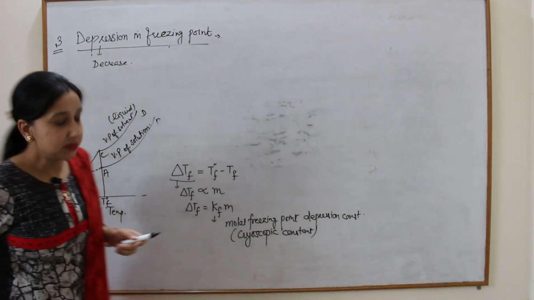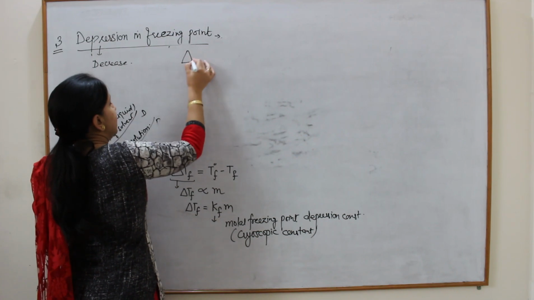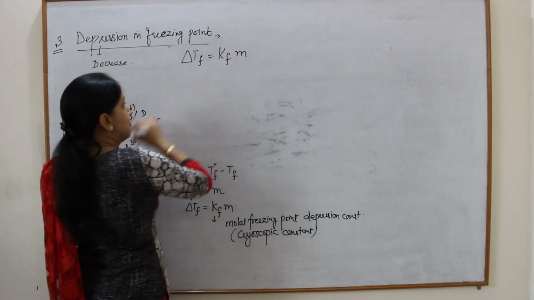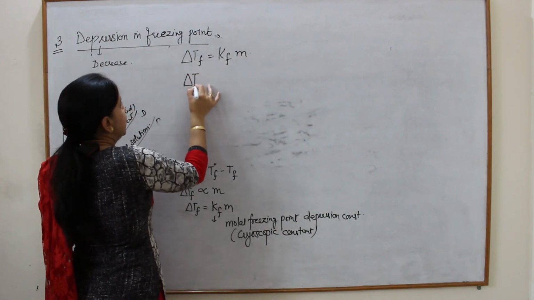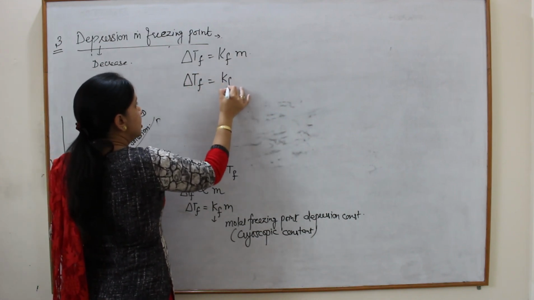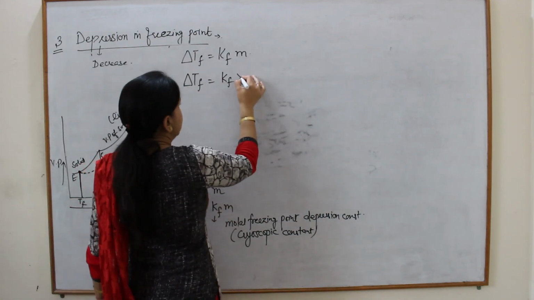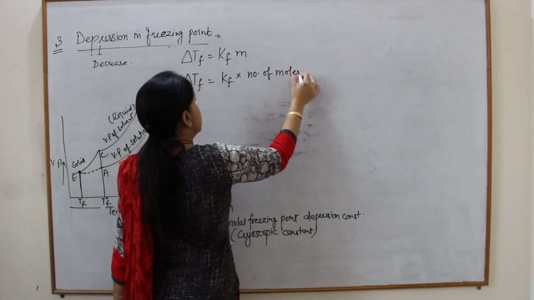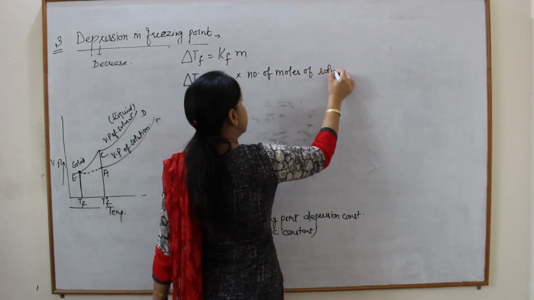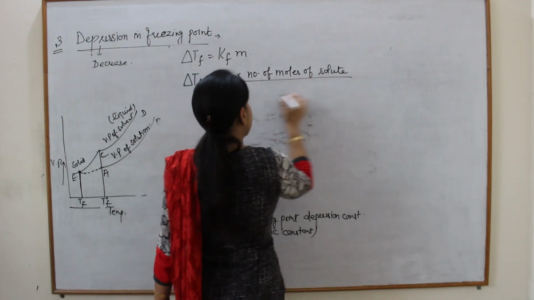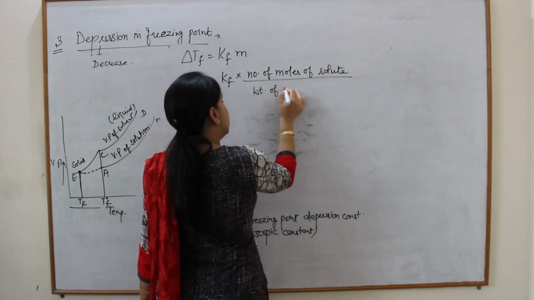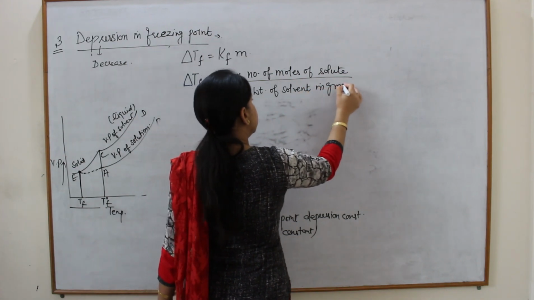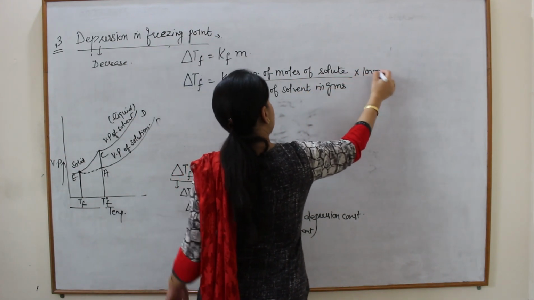So delta TF is equal to KF into m, or we can say delta TF is equal to KF into the number of moles of solute divided by the weight of solvent in grams multiplied by 1000.